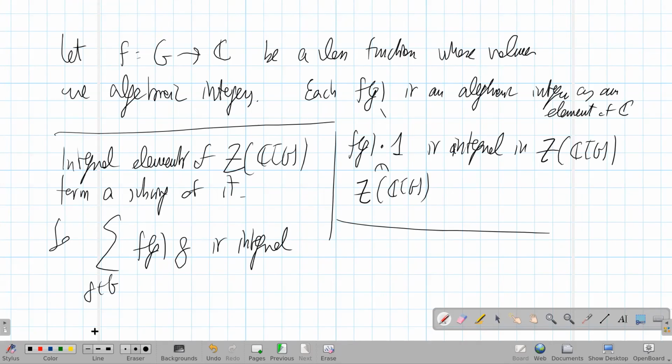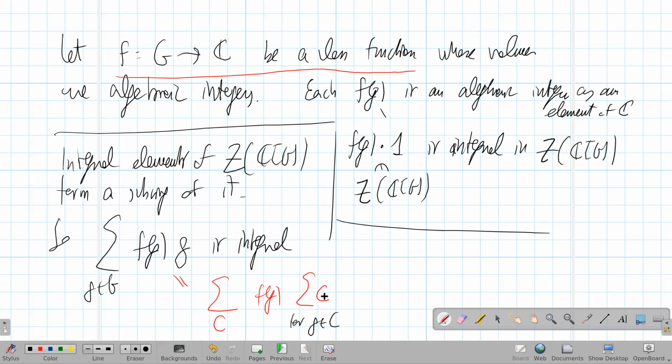if f is a class function. Because if f is a class function, recall, this means it is constant over classes. So this is a linear combination, with certain coefficients, of the sums of the conjugacy classes. You can rewrite this as the sum over the conjugacy classes C of fg, where g is in C, because this is constant over the conjugacy class.